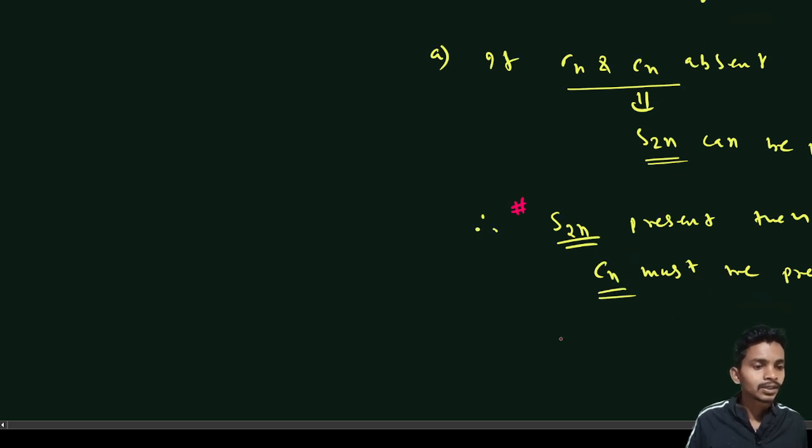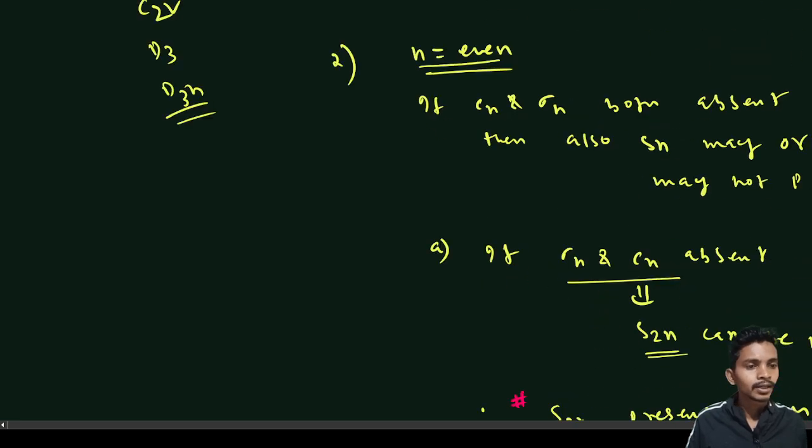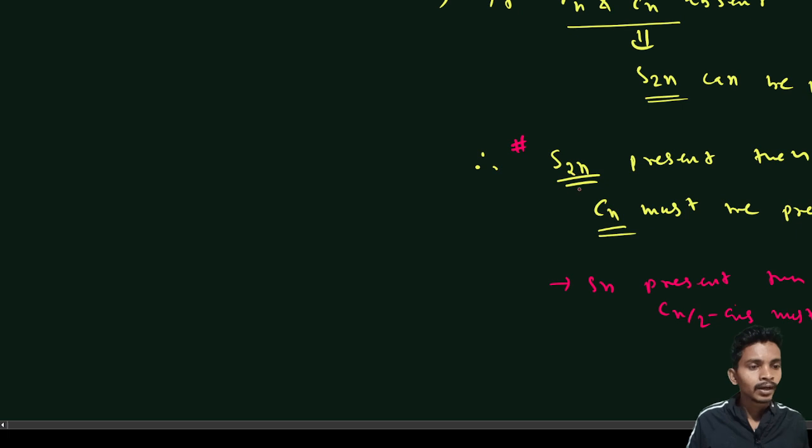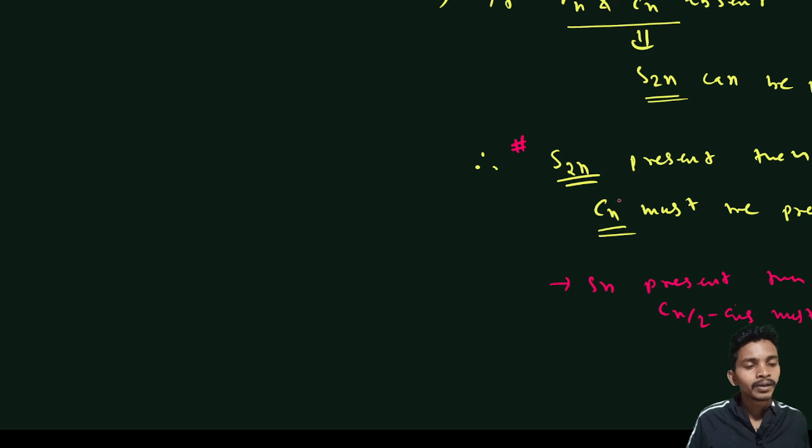This we also studied in a different way, that if Sn is present, then the Cn by 2 axis must be present. That we have discussed. So if S2n is present, then Cn must be present. If I do the inverse, then the inverse is may or may not. That we already discussed, that if Cn is present, then S2n may or may not be present.